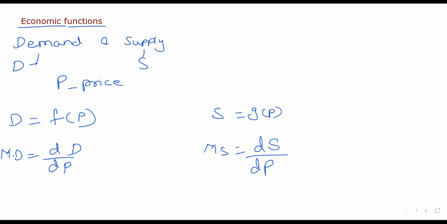Marginal supply means change in the supply due to the last change in the price. Okay, this is the concept of marginal demand and marginal supply. We also give marginal demand as f dash of p and marginal supply as g dash of p. Once, take the derivative of the demand and supply function.